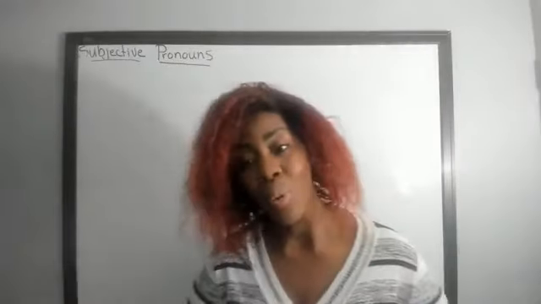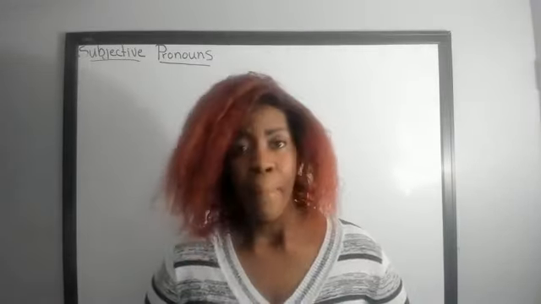Okay. So remember, guys, when I started earlier, I said that when we're doing subjective pronouns, we use I for myself, he for a man or a boy, she for a woman or a girl, it for a thing, anything that is not a person.